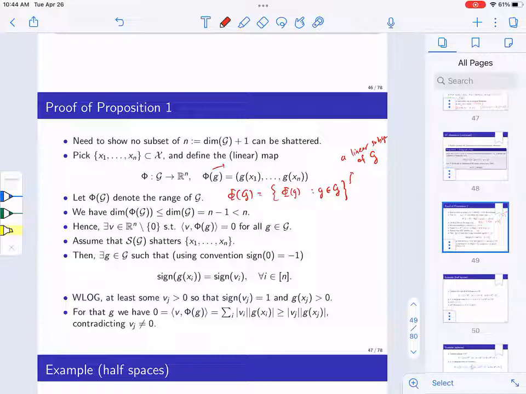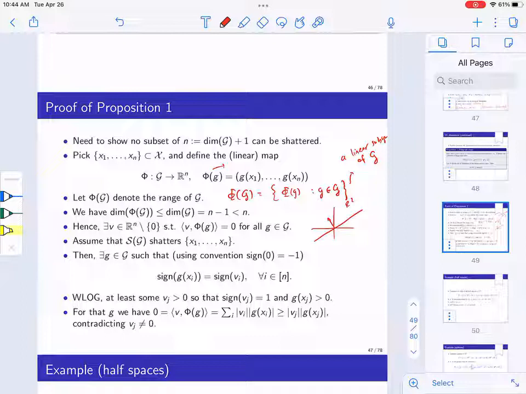There's a relation between the kernel of this map's transpose, phi transpose, and the range. But intuitively it's clear: if in R2 I have a subspace whose dimension is less than that of R2, there's always a direction I can find that's orthogonal to everything, because the dimension is smaller.